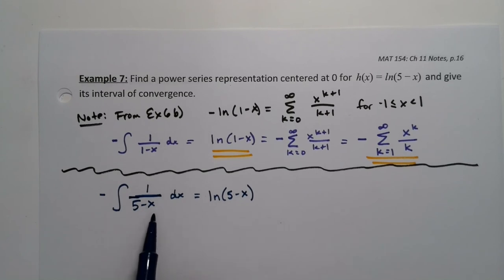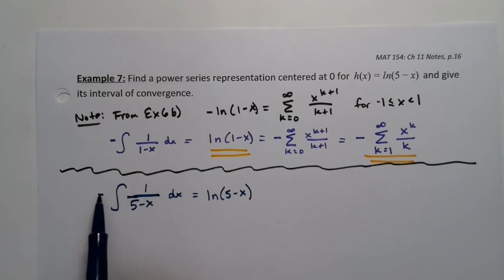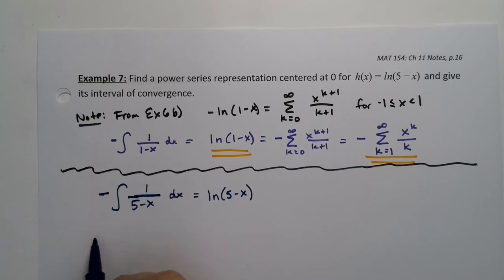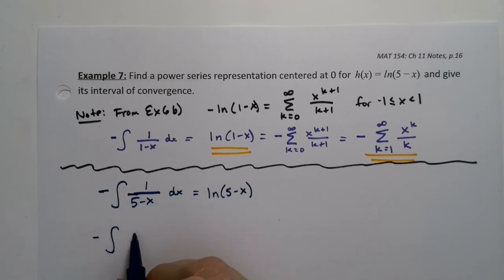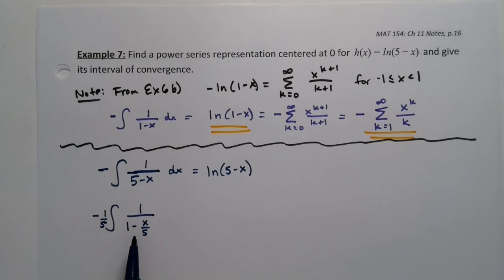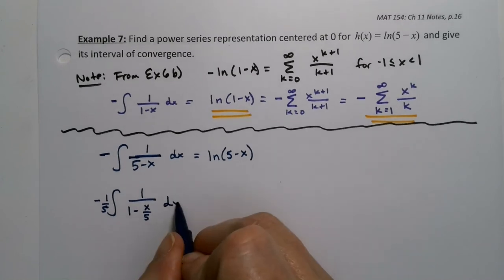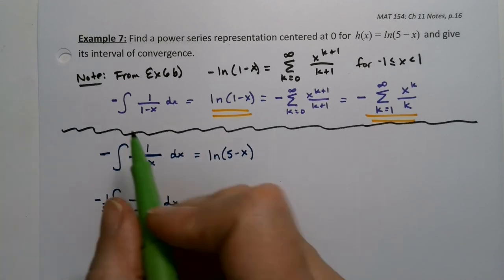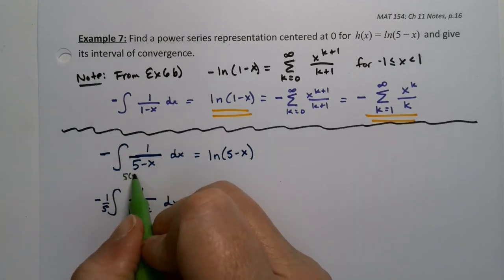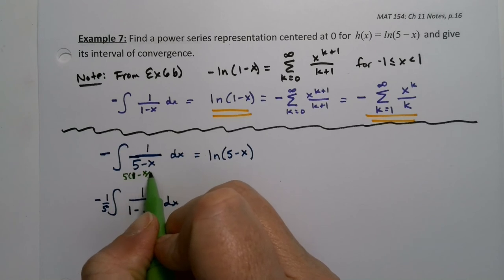So I can take the negative integral of 1 over 5 minus x. That would be the same as the negative integral. I'm going to pull a 5 out, so it's going to be 1/5 out here, and 1 over 1 minus x over 5 here. I'm factoring a 5 out. dx, sorry. I factored that 5 out of here, so what I'm doing is taking the 5 out and leaving 1 minus x over 5 right here.